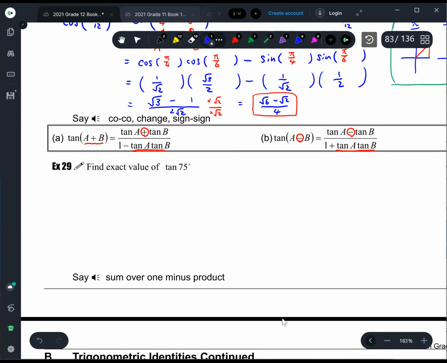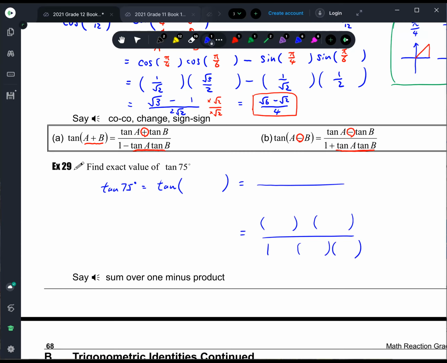Tangent 75 degree. And you should be able to get to 4 ratios again, right? Let's all agree on the choice of A and B then.